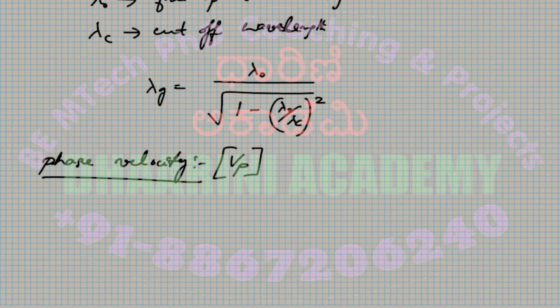Now the Vp, the phase velocity, is the rate at which the wave changes its phase in terms of the guided wavelength. So that's the definition.